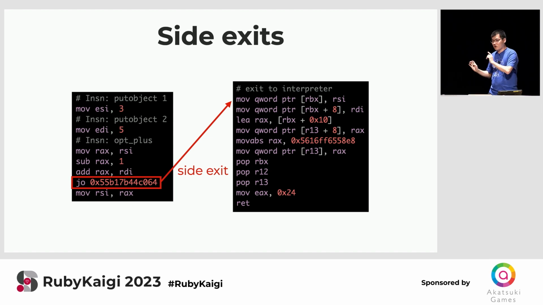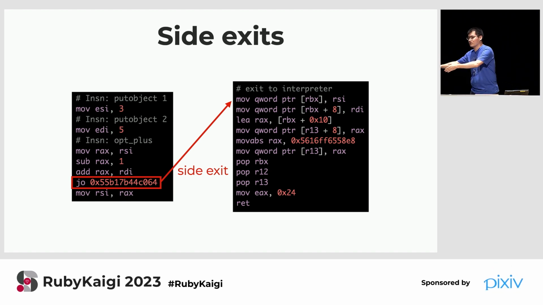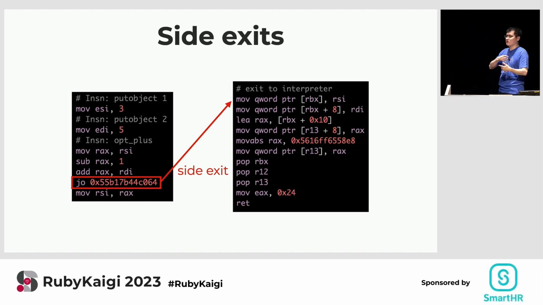This is also useful because when you start writing a JIT compiler, you could just start from JIT code that just side exits to the interpreter. Side exit allows you to jump to anything, and that anything could be just returning the execution to the interpreter. If you do that, then you've written the perfect JIT compiler that's 100% compatible, by just delegating everything to the interpreter.